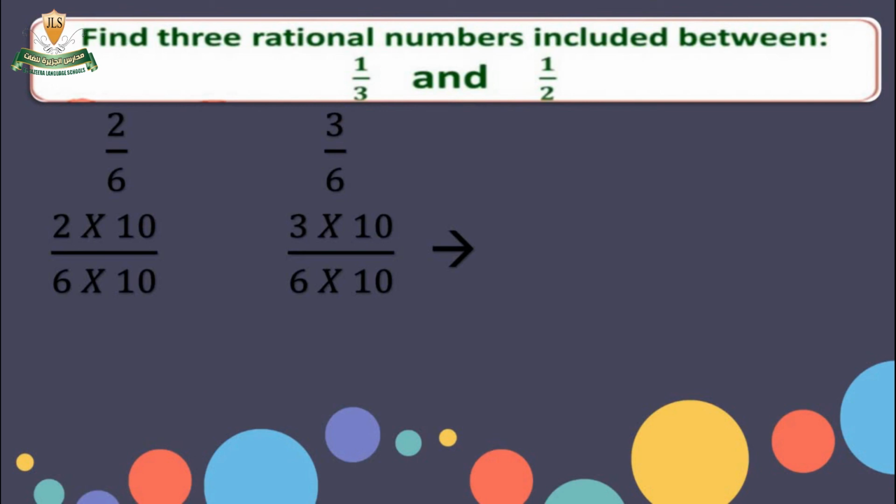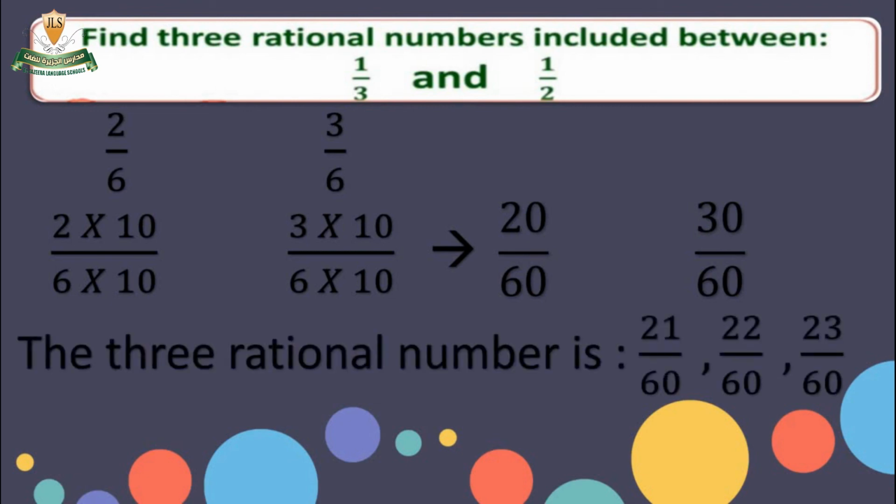It will give me 20 over 60 and 30 over 60. Now I can find 3 rational numbers between 20 over 60 and 30 over 60. The 3 rational numbers are 21 over 60, 22 over 60, 23 over 60.